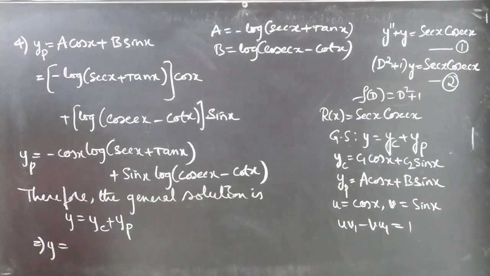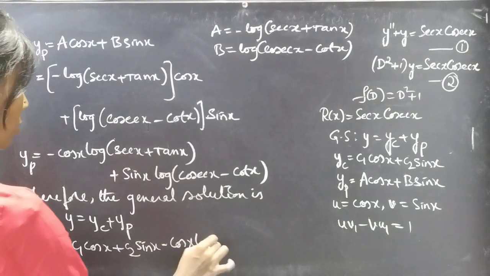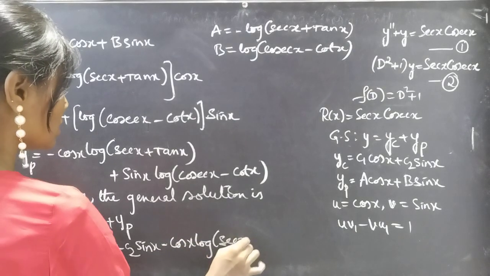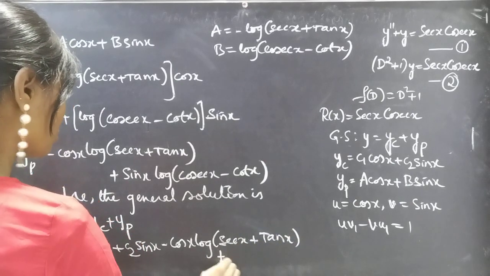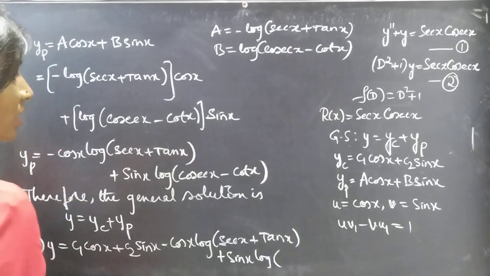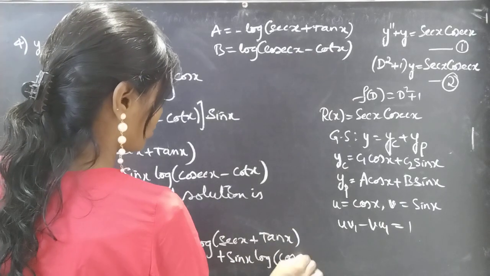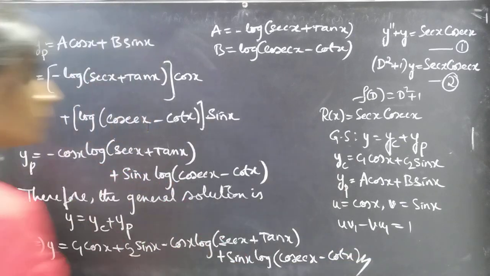Then y equals c1 cos x plus c2 sin x plus yp, which is minus cos x log of secant x plus tan x plus sin x log of cosecant x minus cot x. This completes the problem.